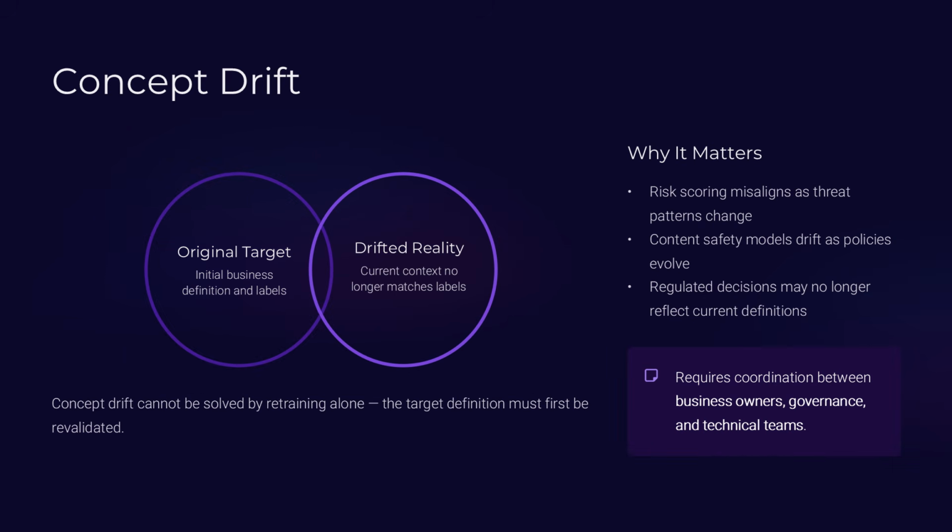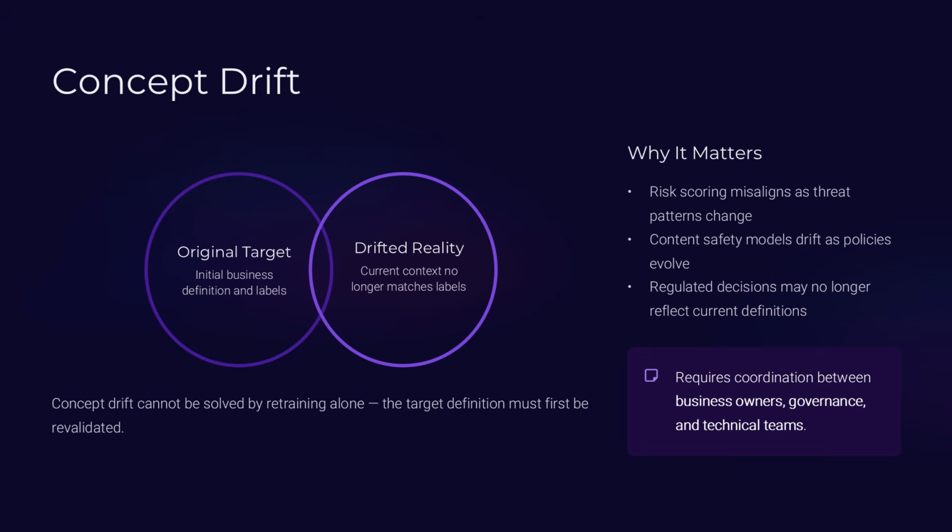Now that you understand model drift, let us examine concept drift, which is often more subtle. Concept drift occurs when the meaning of the target outcome changes over time. For example, consider a model designed to predict customer churn. The definition of churn may change due to new subscription models, pricing changes, or product strategy.